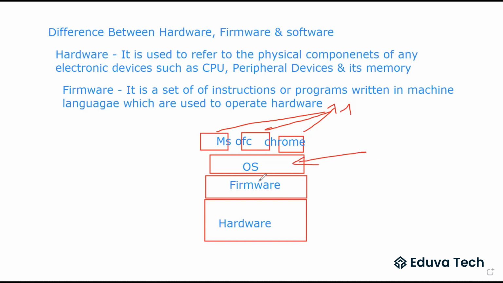Firmware is installed in the hardware. This is our system software, and this is our application software.